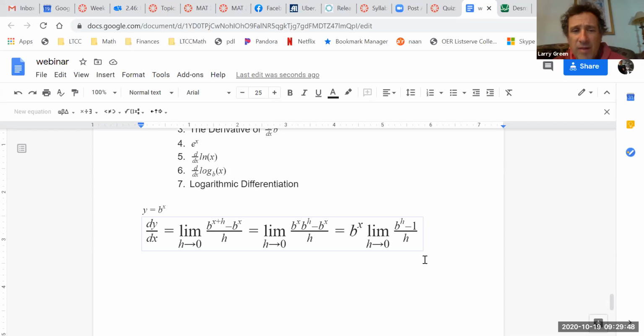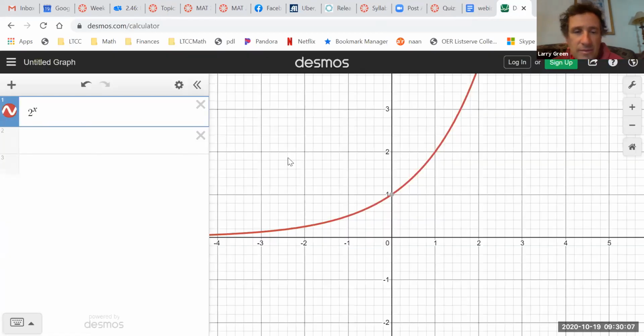And we want to see, what is this? Is that clear? Okay, well, we want to say, what do we get when we have b to the h minus 1 over h? What kind of b's could happen? And here's a graph of 2 to the x.